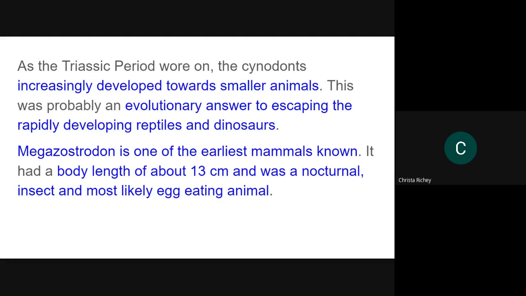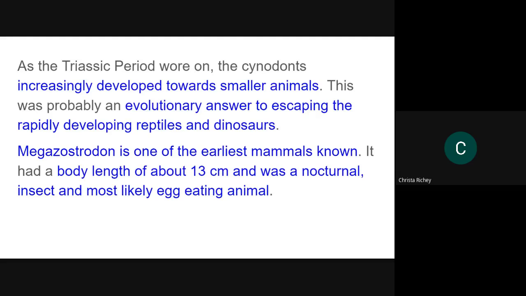Our little shrew ancestor, Megazostrodon. I'm going to have so much fun pronouncing all of these different dinosaur names because it's been forever since I've done any kind of Latin. But this little rat critter, which I'm going to show you an image of on the next slide, is only 13 centimeters.